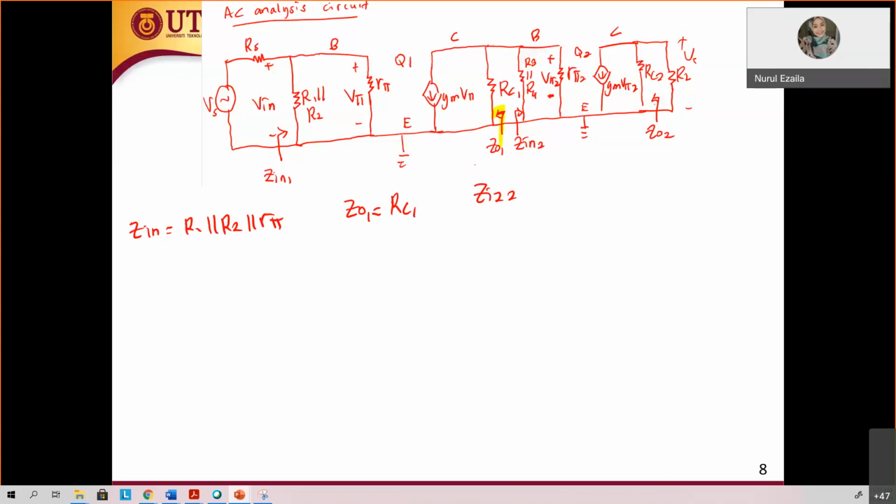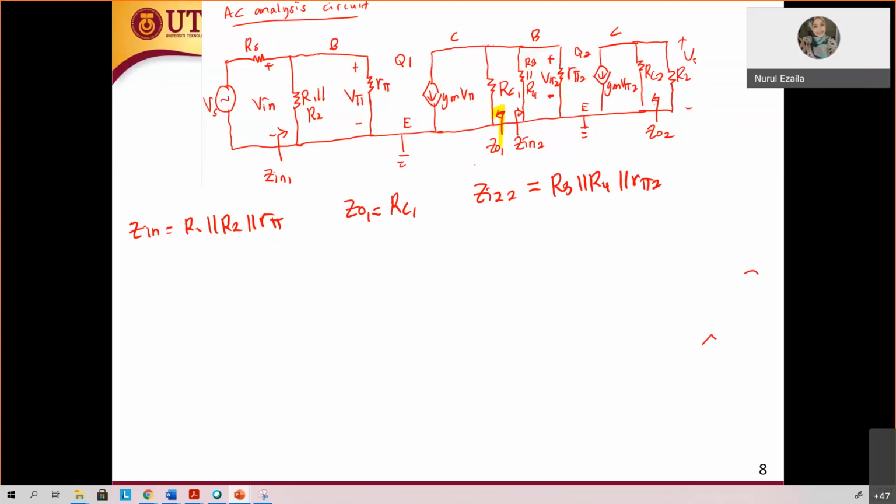How about Z in 2? Z in 2 is R3 parallel with R4 parallel with R pi 2.